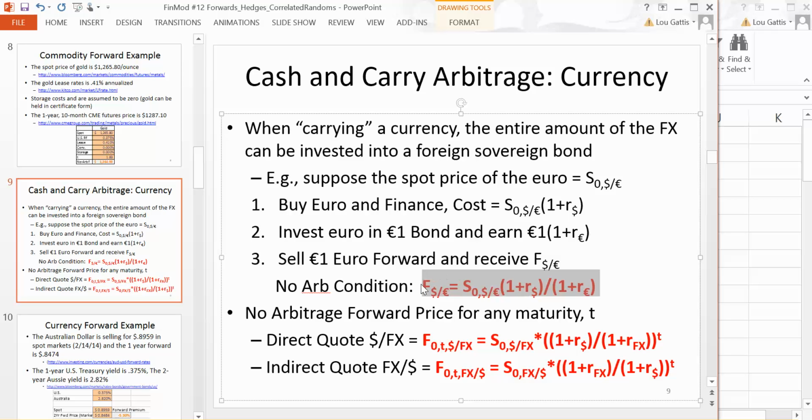Now that only works for direct quotes. Direct quotes are currencies quoted in dollars, like dollar per euro, dollar per pound. However, most currencies are quoted in indirect terms, say yen per dollar or kroner per dollar. So if you want to do, say, yen per dollar, the no arbitrage forward price is the spot price, yen per dollar, times 1 plus the yen interest rate over 1 plus the dollar interest rate.